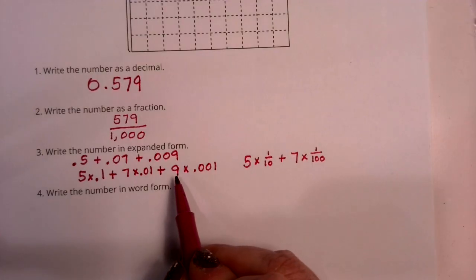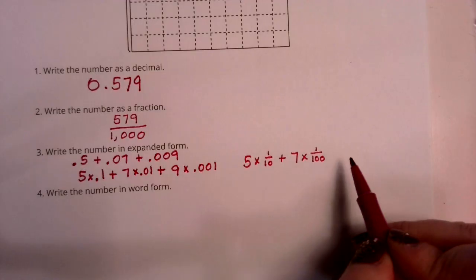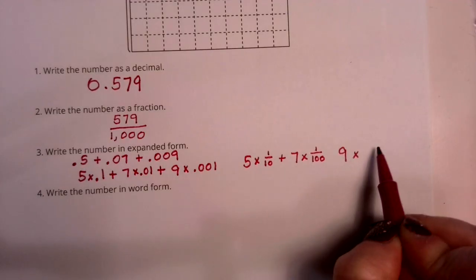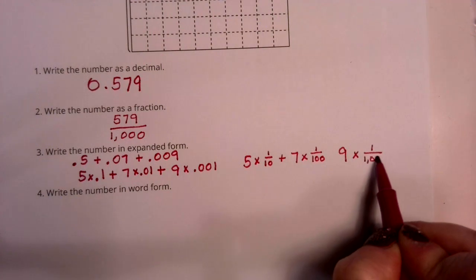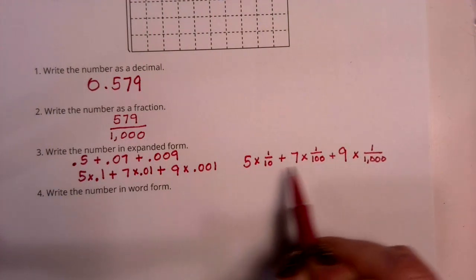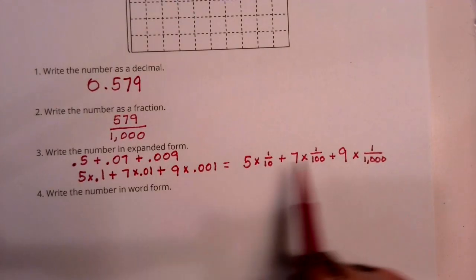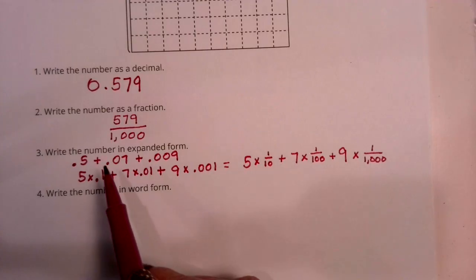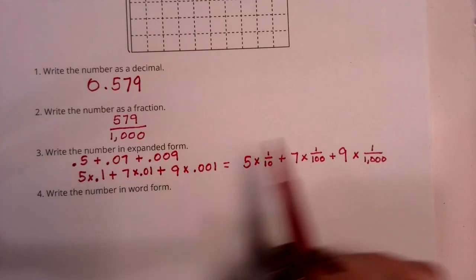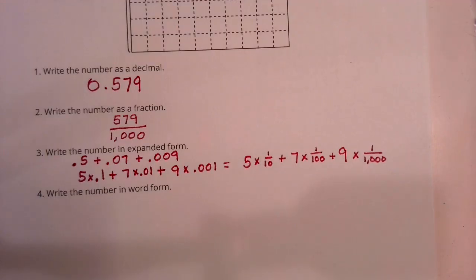This part of my term, 9 times 0.001, could also be written as 9 times 1/1000. Of course, I add those terms together. Boys and girls, remember, these are equivalent ways to show this. Those equal the same thing. I'm just expressing, for example, 1/10 as a decimal and 1/10 as a fraction. These are different types of expanded form that you might see. So we do want to be familiar with those various forms, even though for your cool down, you probably have written just one of those, and that is okay.